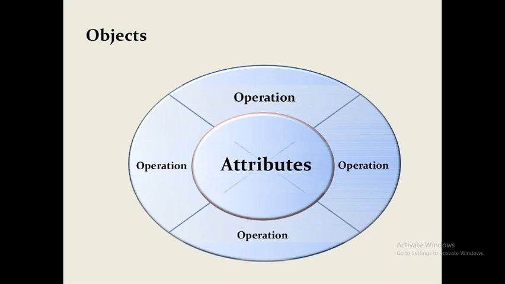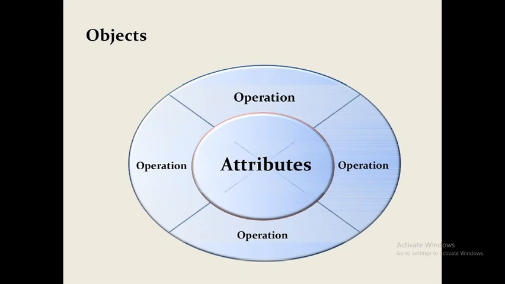These are the attributes of the particular entity or object, and that entity should also perform operations. In the real world, each and everything we can define as an object. The thing which has some properties and can perform some operation can be termed as an object.